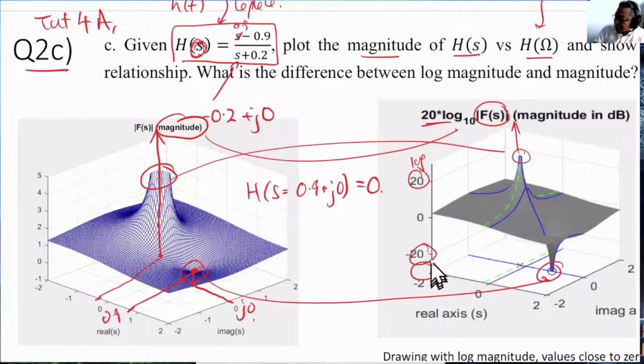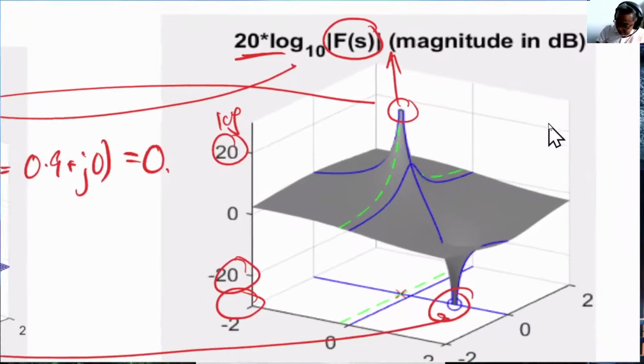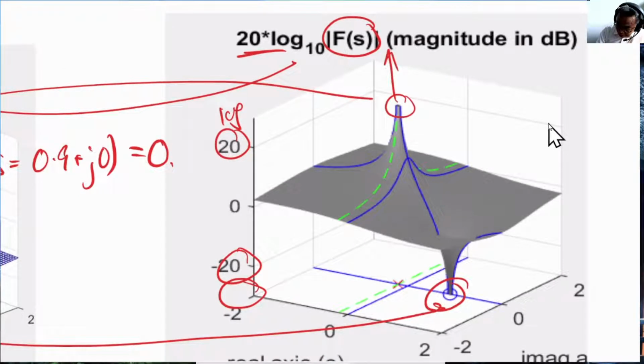Now we can visualize it going to 0 and going to infinity, and there is more resolution between the values from 0 to positive values. Remember, when we are plotting magnitude, there is only absolute magnitude, and the smallest value that absolute magnitude can be is 0. Because we take log, it becomes a negative value.